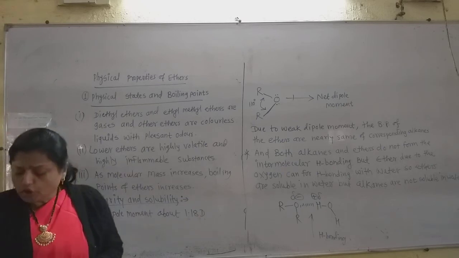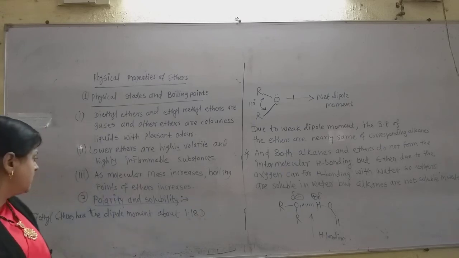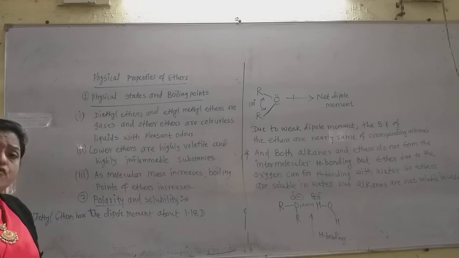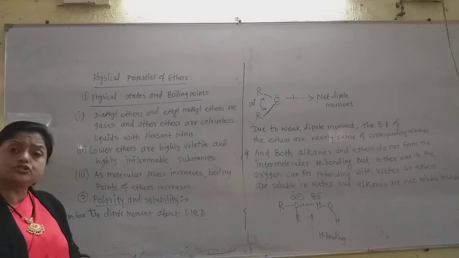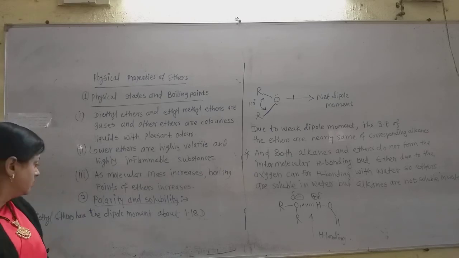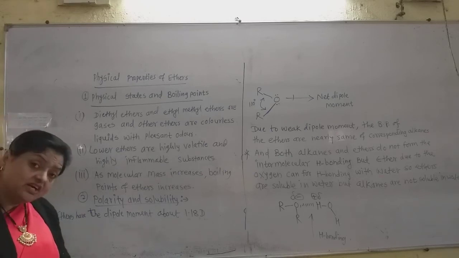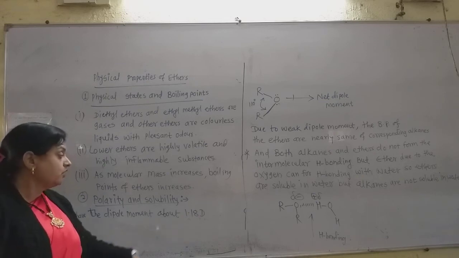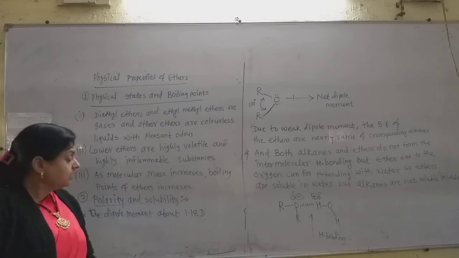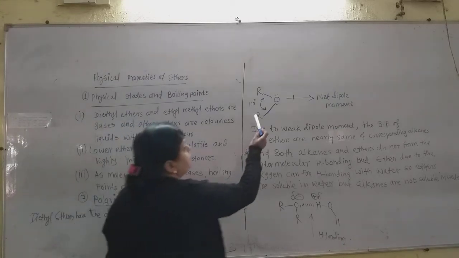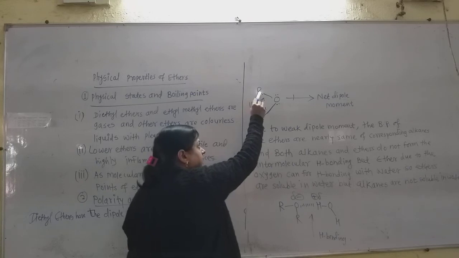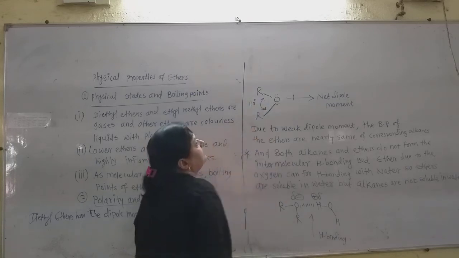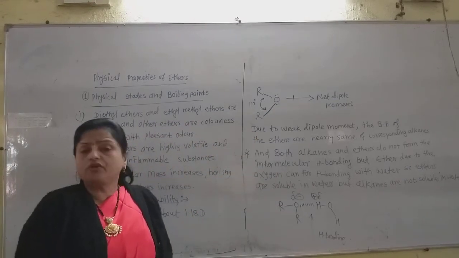About the solubility. Now these ethers have some polarity, or some dipole moment. For example, diethyl ether has a dipole moment of about 1.18 debye. Suppose this is the general formula of ether, ROR'. The bond angle ROR is about 110 degrees, bent, not 180.